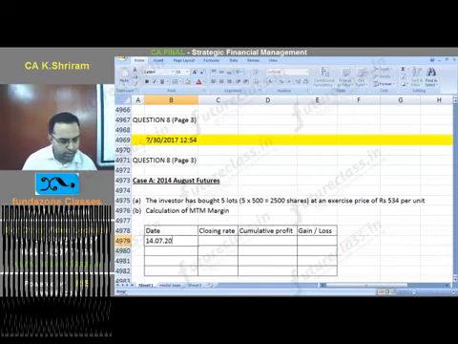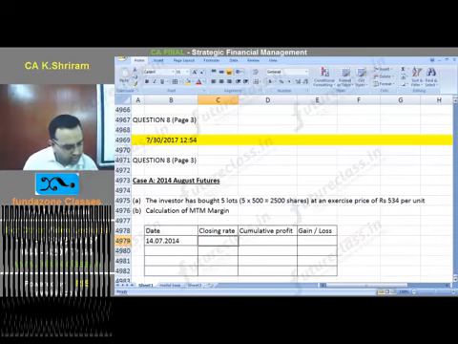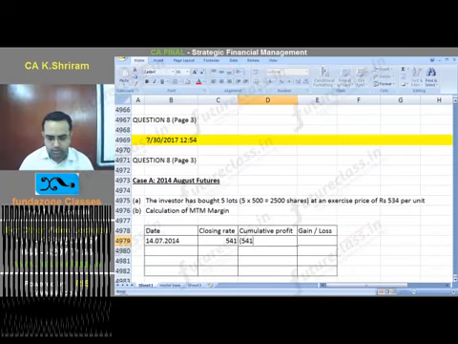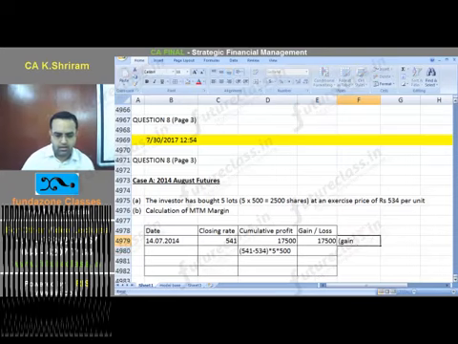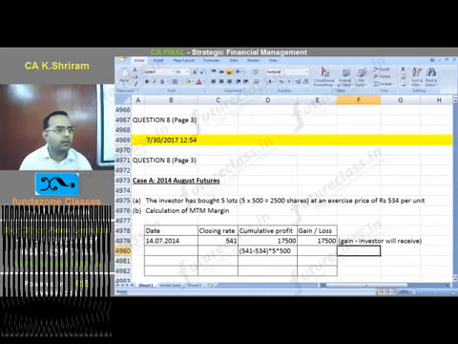So date 14th July 2014, closing rate is 541, cumulative profit is 541 minus 534 into 5 into 500, correct? 17,500 is a gain. The investor will receive.